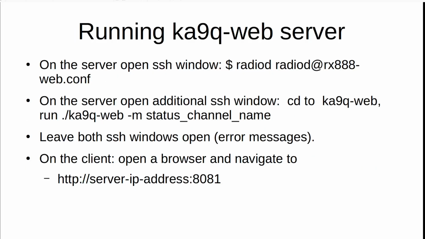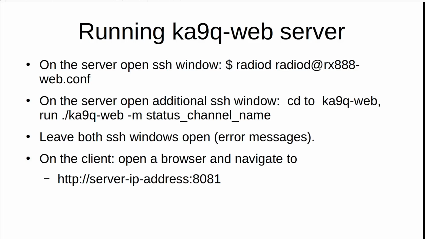On the server, we open an SSH window, and after opening an SSH window, we invoke Radio D at rx888-web.conf. So we first open an SSH window, which provides us a bash shell, and then we invoke the Radio D daemon.